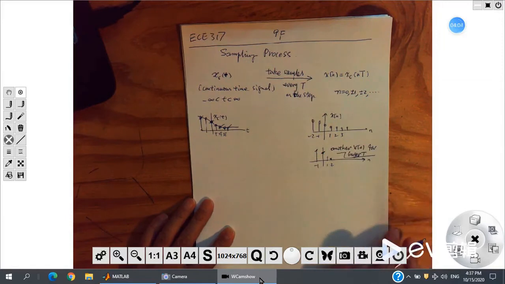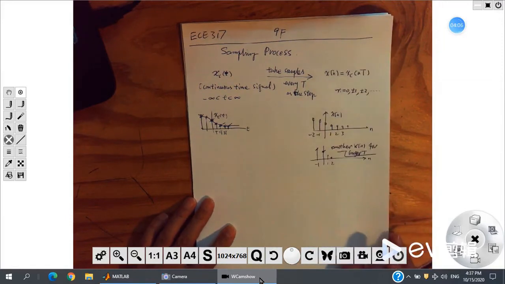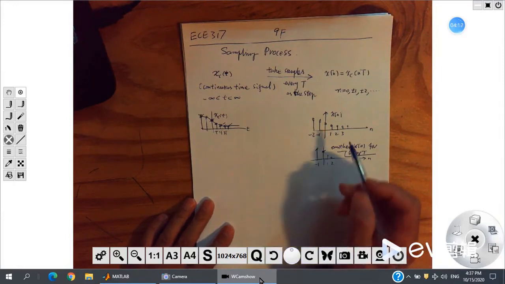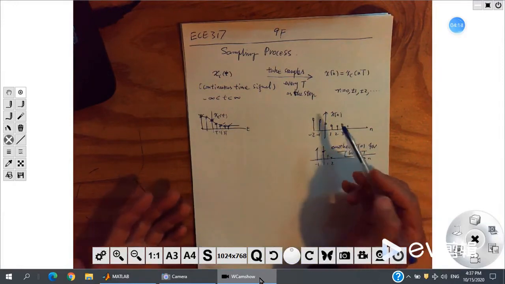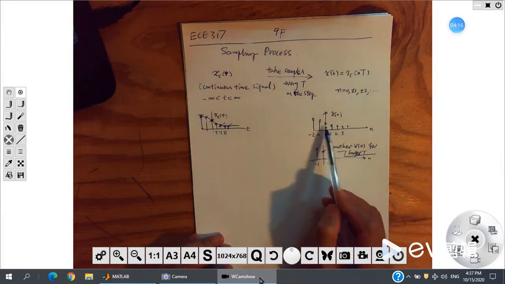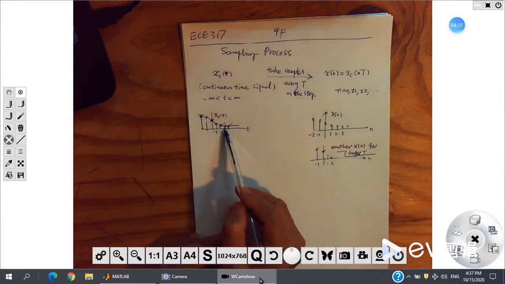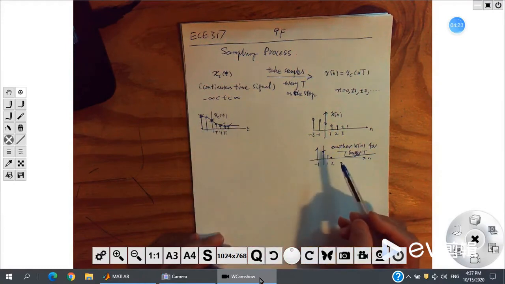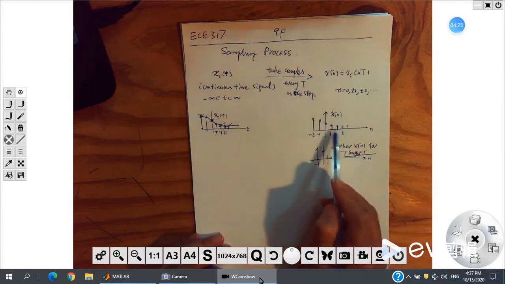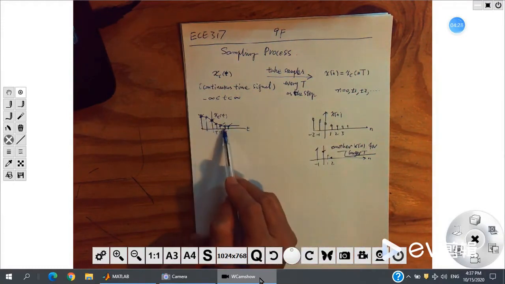Okay. Then we have a basic problem. Actually, two problems. The problem is, when you have these sample data, can you recover the original signal? You can also think of the problem this way: do you have all the information of the original signal from these samples?